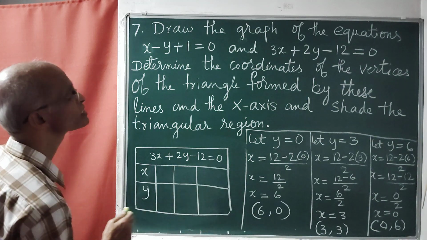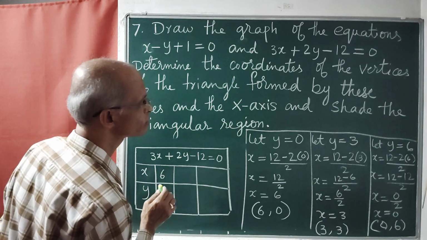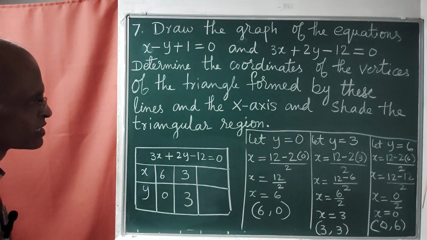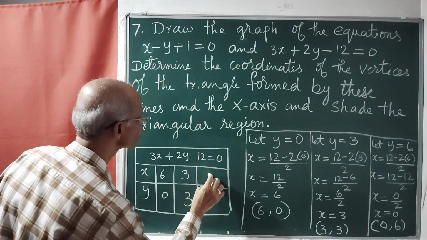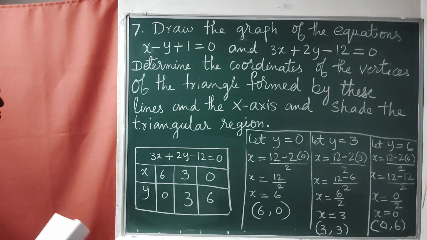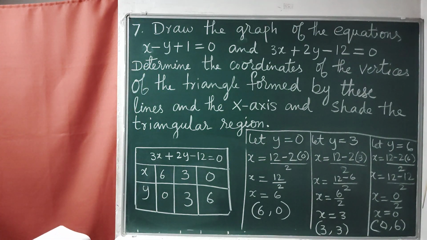So if x is 6, y is 0. If x is 3, y is also 3. If x is 0, y is 6.